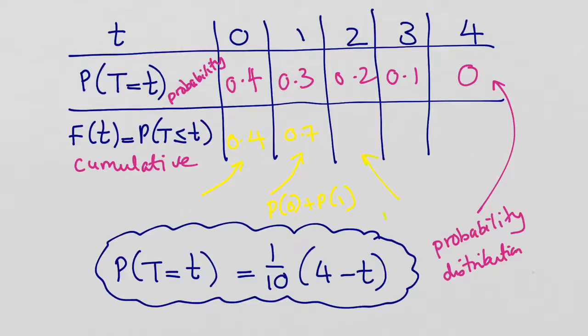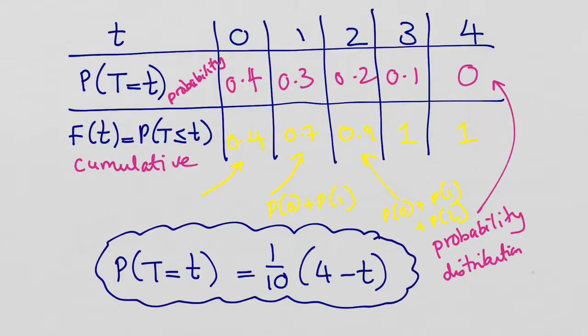This one is going to be the probability of 0 plus the probability of 1 plus the probability of 2. So I have to add them all up and that gives me 0.9. This one, I think you've got the gist of it, will be the sum of all of those 4. And that adds up to 1. Next one I'm adding on 0, so I'm just going to leave 1 in there. So what I've got there in yellow is the cumulative distribution.